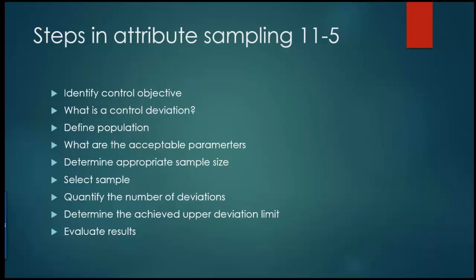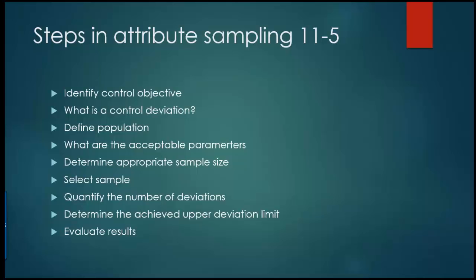In attribute testing, the internal auditor must specify using audit judgment the appropriate value for 3 factors affecting the sample size: the risk level, the tolerable deviation, and the expected deviation. Note that the size of the population has little effect on the attribute sample size, which we saw, that is going from 1,500 to 15,000 really didn't affect the sample size.